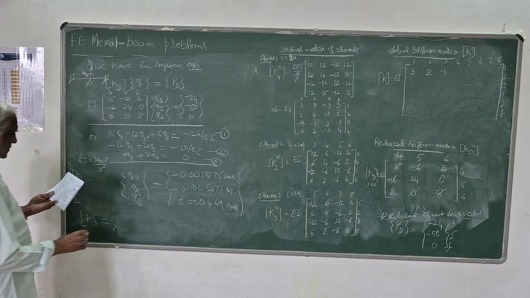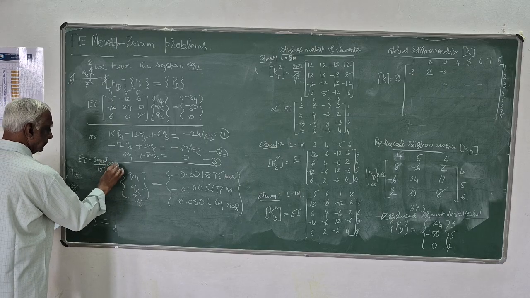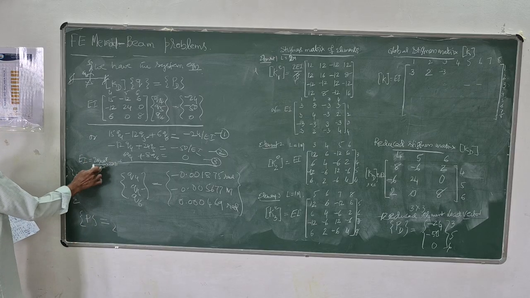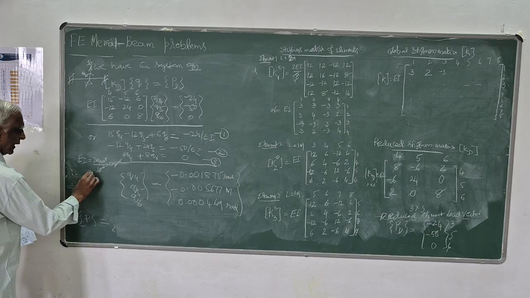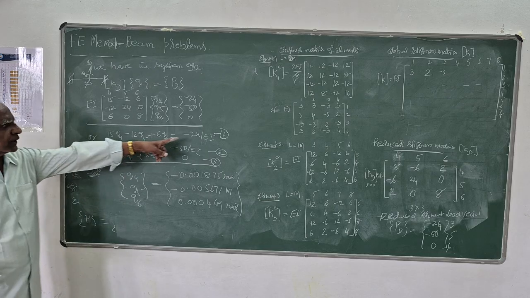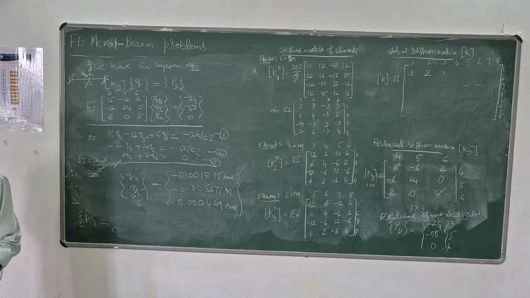I is given as 2 into 10 to the power of minus 6. So this 10 to the power of 6 and this 10 to the power of 6 will cancel, and you will get 400. So substituting that as 400, you will get these values. You can simplify, do it.